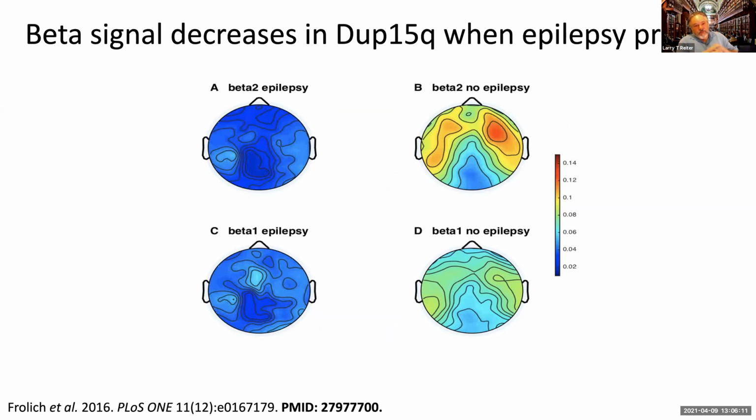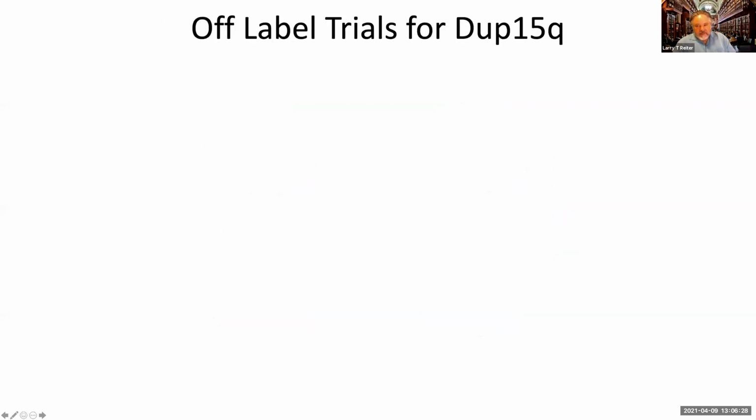And I can't prove that, but I'd like to use this marker now and be able to see, even in the Dup15q kids that don't have epilepsy yet, we could maybe see changes in this biomarker if we treat with 5-HT1A agonists.